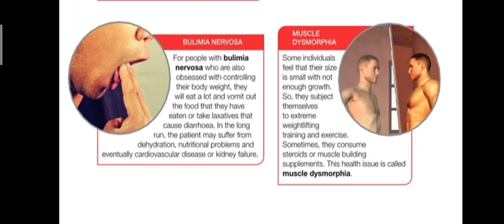So ini adalah kita panggil sebagai muscle dysmorphia. Okay, dia rasa dia masih belum tegap. Tidak cukup tegap. Dan macam-macam dia buat. Extreme exercises, taking steroids, supplements to build their muscles and so on. So ini kita panggil muscle dysmorphia, health issue.